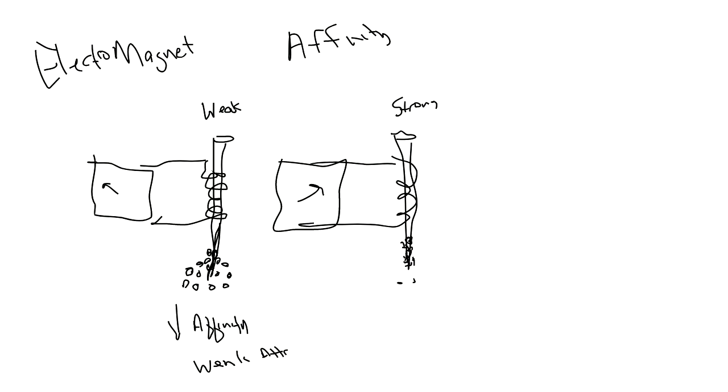It doesn't pick up very fast. But look, this strong magnet has a high affinity. In other words, it's going to grab those filings really quickly. It's a strong attraction, and they're going to be held on really tight. Everybody understand this analogy? Any questions about it?